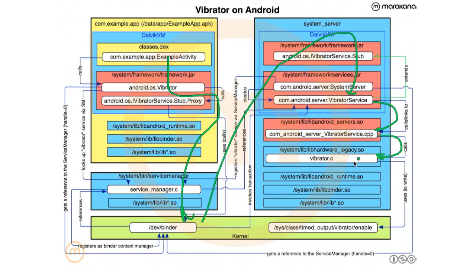In the case of Galaxy Nexus, for example, this vibrator.c is already provided by Android out of the box. What it does is literally open up the handle to the kernel driver, and write to the kernel driver, doing a simple I/O write, the number of milliseconds for which to vibrate the device.